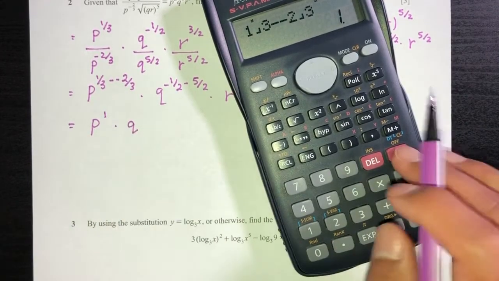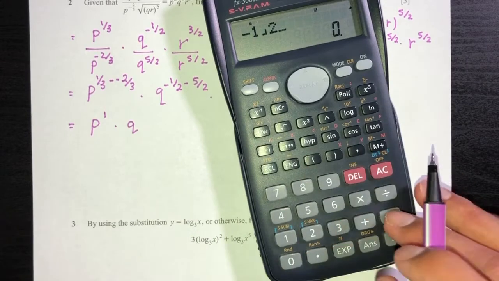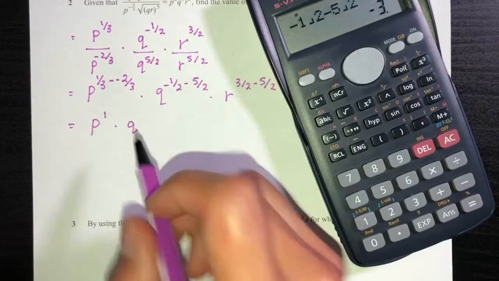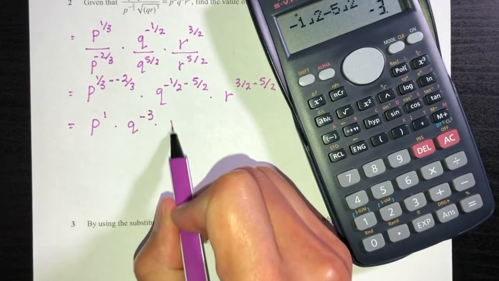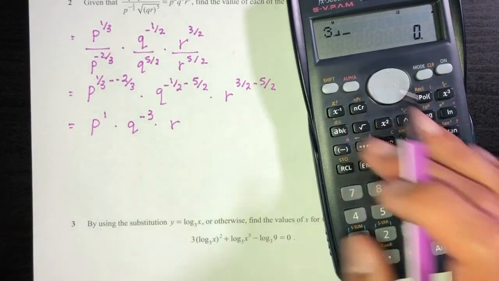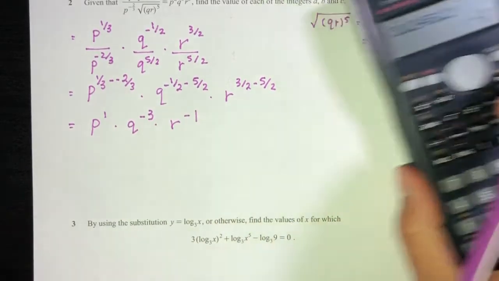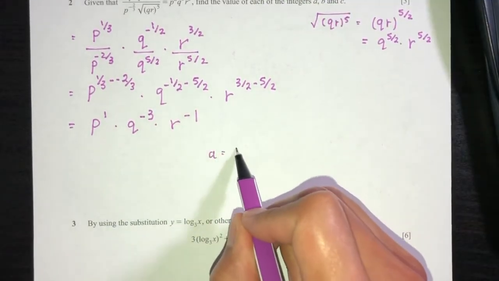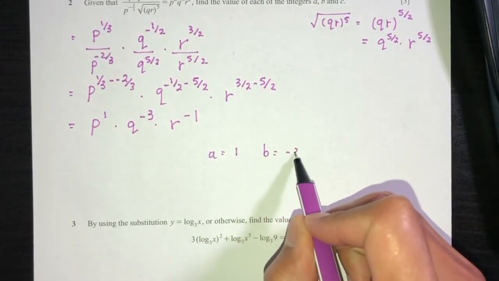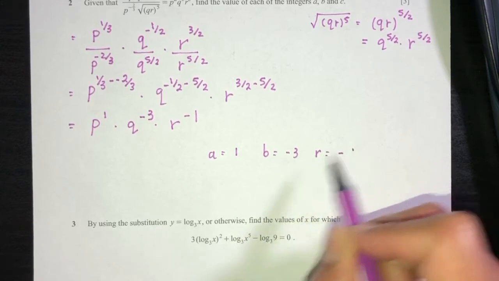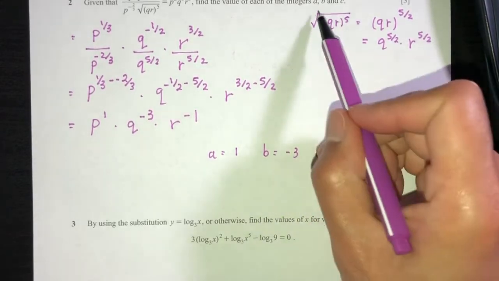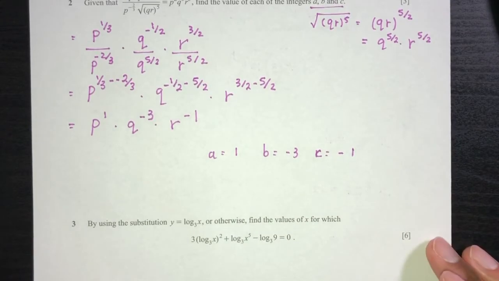Q to the minus half minus 5 over 2, that will be minus 3, and for R, that will be 3 over 2 minus 5 over 2, that should be minus 1. So the value of A is 1, B is minus 3, and C is minus 1. ABC. That is question number 2.